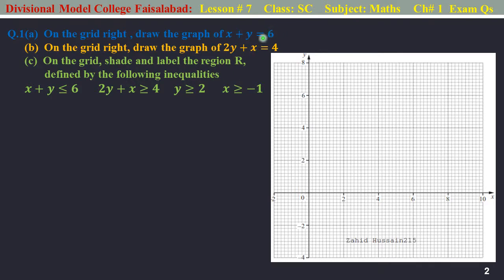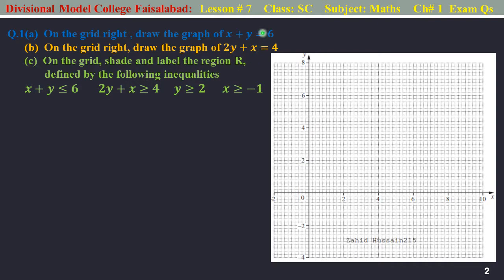After drawing the graph of these two equations and then drawing the following inequalities, you are asked to shade the defined region and label it with R. Now look at this inequality and this equation. This equation is the associated equation of this inequality, and this equation in part B is the associated equation of this inequality.